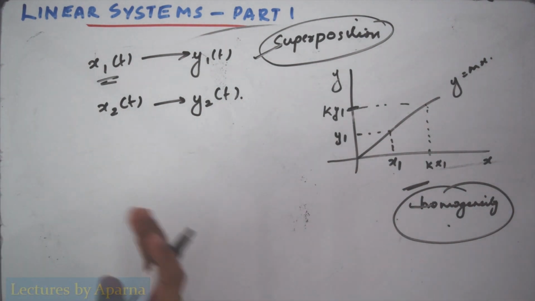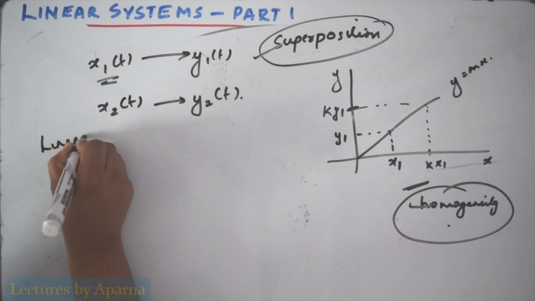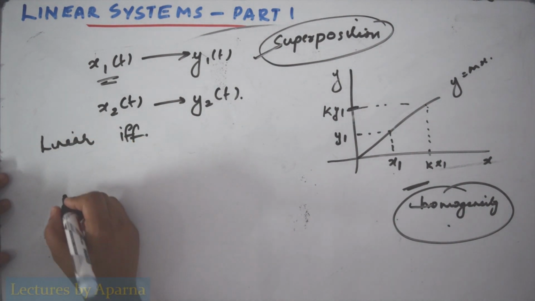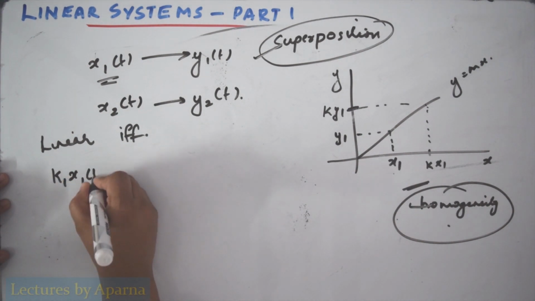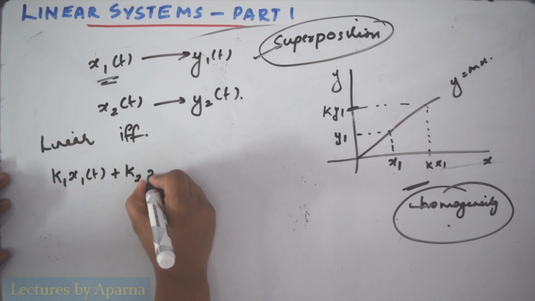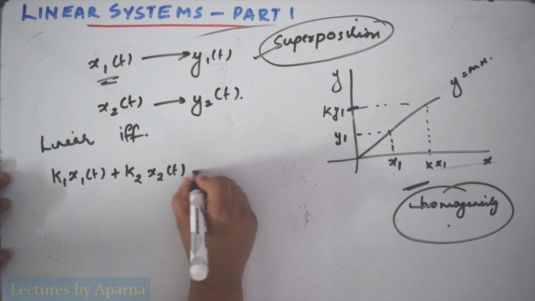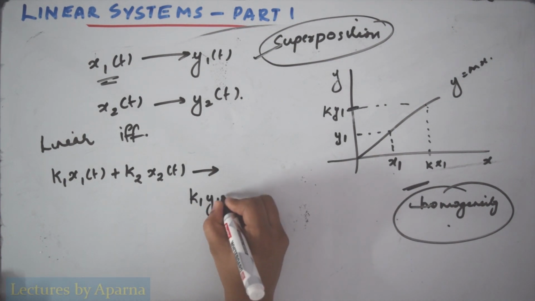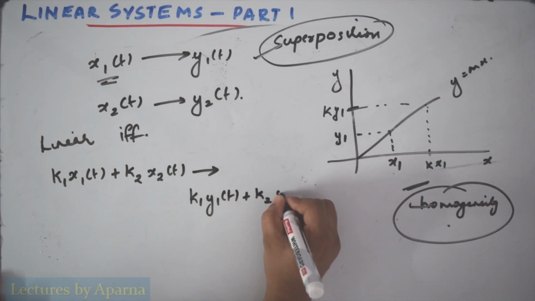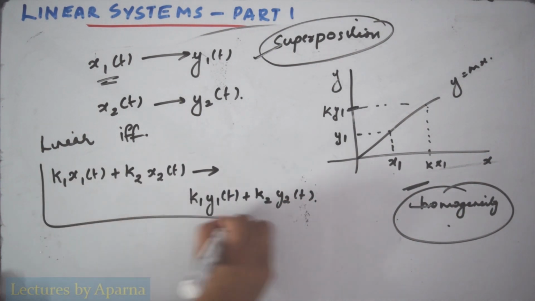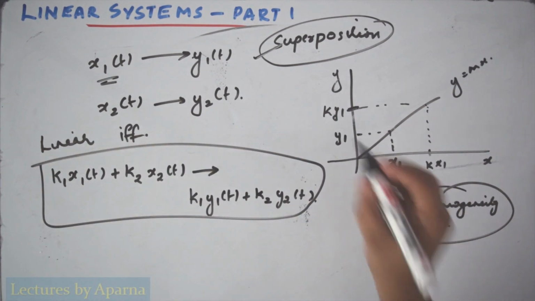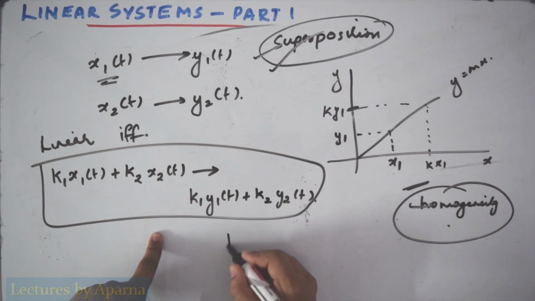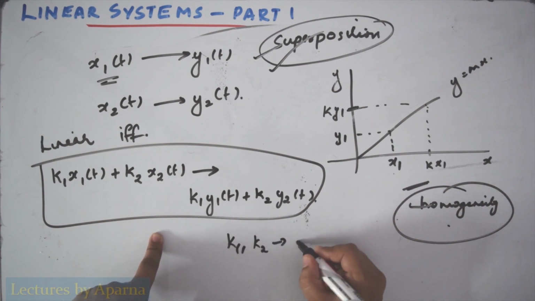Then a system is said to be linear if and only if k1 of x1 of t plus k2 of x2 of t gives a corresponding output k1 of y1 of t plus k2 of y2 of t. So this is both the homogeneity principle and superposition principle in a combined form, where k1 and k2 are real numbers.